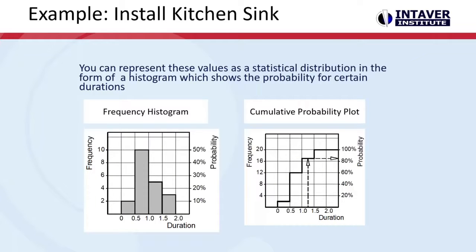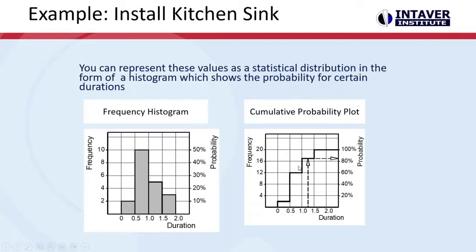When we get these values, we can represent them as statistical distributions in the form of what we call a histogram. That's the probability distribution that you will see in some of the charts, or a cumulative probability plot. The histogram shows that 2 times we finished between 0 and half an hour, and 10 times we were able to finish it in an hour or less.